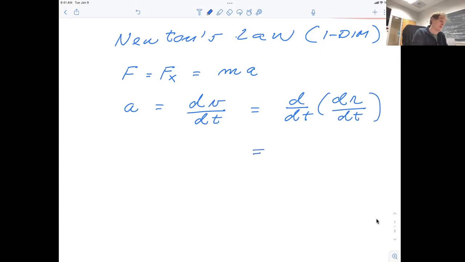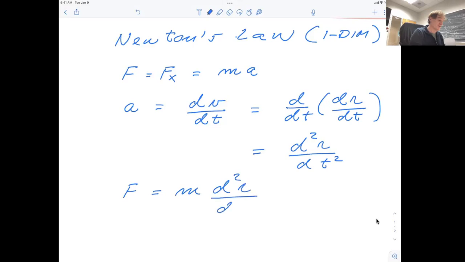And this is written in a more compact form in terms of the second derivative with respect to time of the position r. Now when we plug it back again, what we have is F is equal to mass times the second derivative of the position.